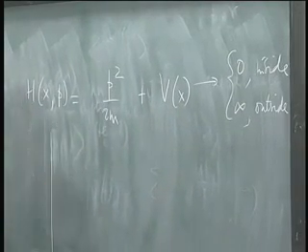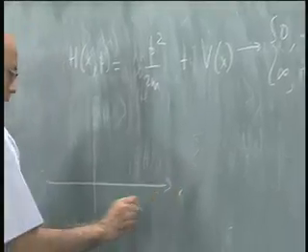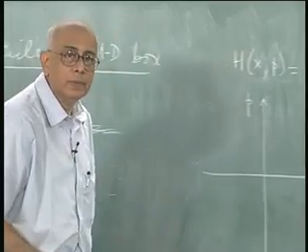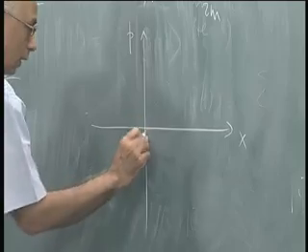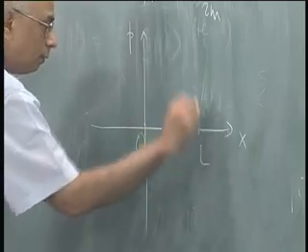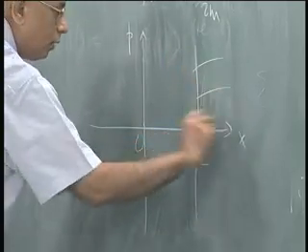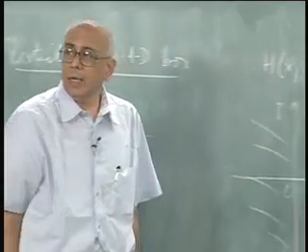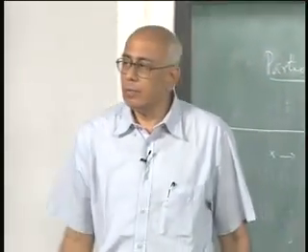What does the phase diagram look like? Here is x, here is p. This particle can only exist between 0 and L, so this is a forbidden region and that is a forbidden region, and then depending on what the initial conditions are, the particle will start moving.